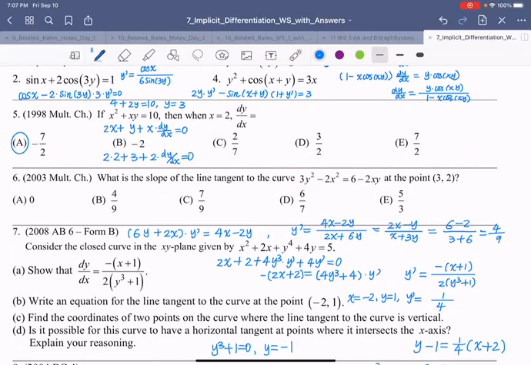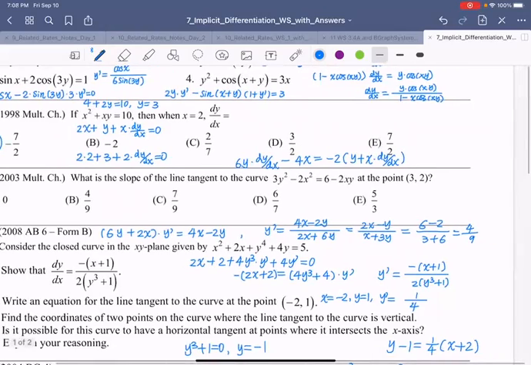It's 6y times dy over dx minus 4x equals -2 times y plus x times dy over dx. Okay, now let's go ahead and plug in.